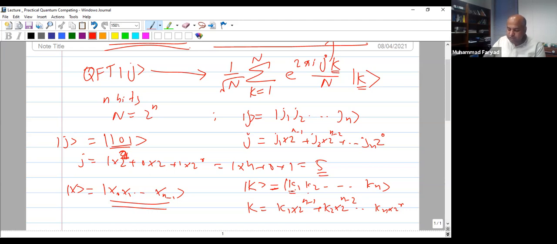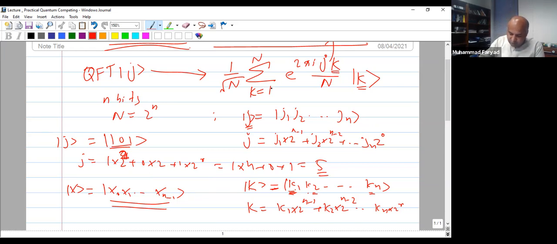So I'm changing this notation a little bit today, because that will make our life easier when we work with different sums and multiplications. But of course, you can easily work everything out if you label these states again from 0 to n minus 1. That doesn't matter in terms of the overall algorithm, but it makes things a bit more complicated. So that's why I'm labeling my state qubits from 1 to n instead of 0 to n minus 1.